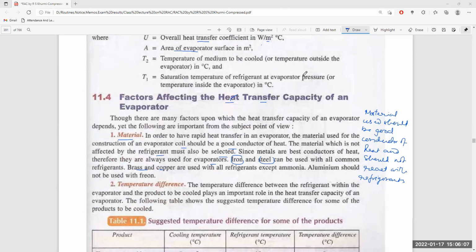Next is the temperature difference. The temperature difference between the refrigerant in the evaporator and the product to be cooled plays an important role in the heat transfer capacity.